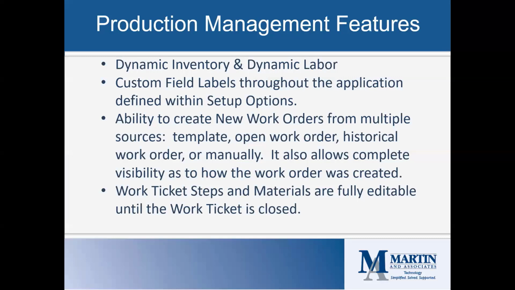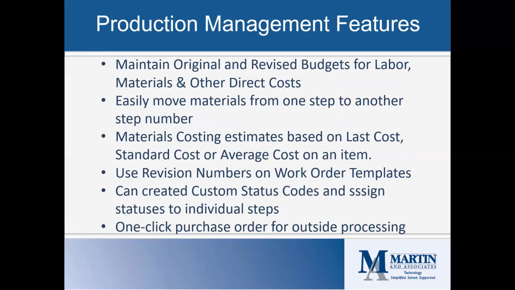Okay. Work ticket steps and materials are fully editable all the way up until the time that the work ticket is closed. So you have the ability to go back and edit all that stuff until you close the work ticket. You have the ability to maintain original and revised budgets for labor, materials, and other direct costs. You can easily move material from one step to another step number as well.